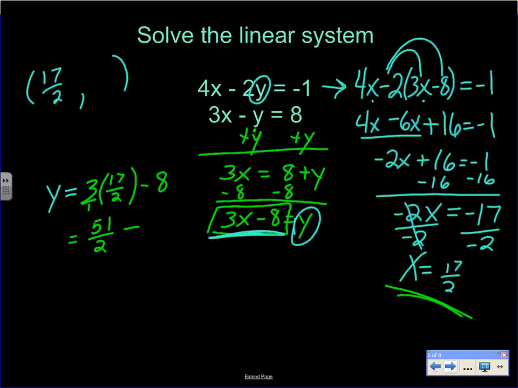We're going to minus 8. Now remember, it's 8/1. What's the common denominator between this 1 and the 2? It's going to be 2. So you had to multiply the bottom number of 1 by 2 to get the 2. So you have to multiply 8 by 2 to get 16. So this is what we have. 51 halves minus 16 halves. So 51 minus 16 is 35/2.